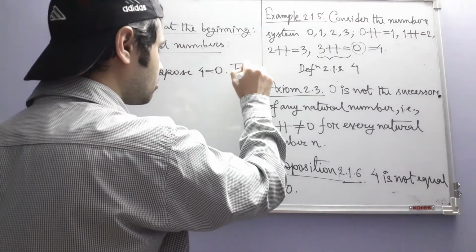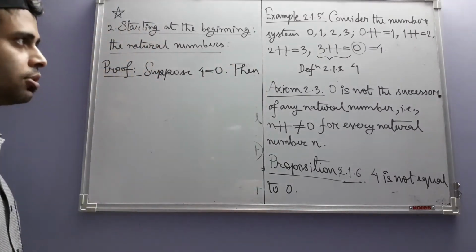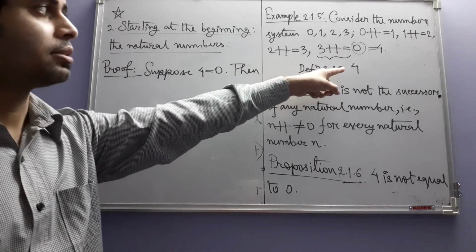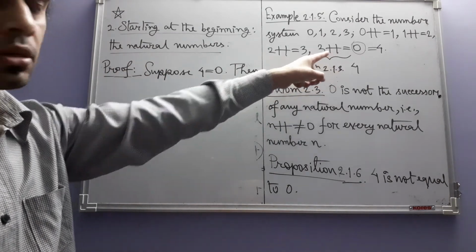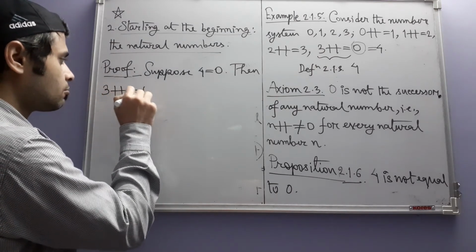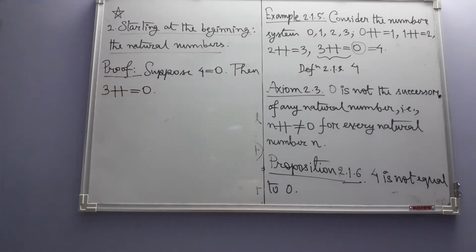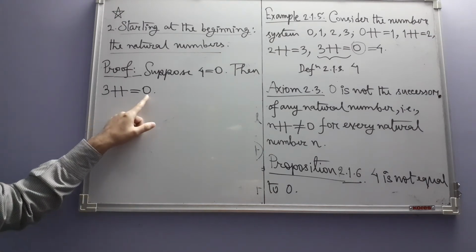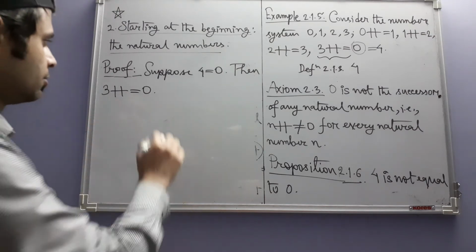Then what is 4? By definitions 2 and 3, 4 is the successor of 3. Okay, so 3++ is equal to 0.